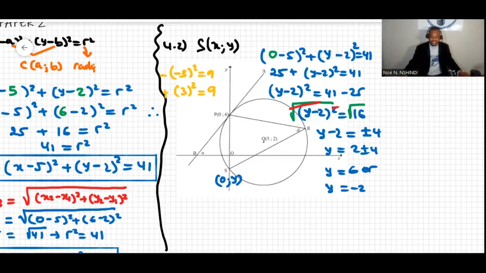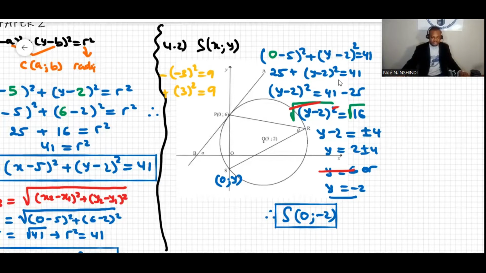So on this side the y is negative, it's below 0. So we can say y = 6 is not applicable, but the y coordinate of S is negative 2. Therefore, the coordinates of S are (0, −2).